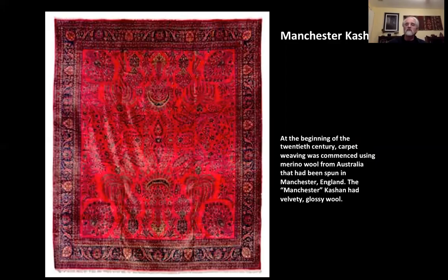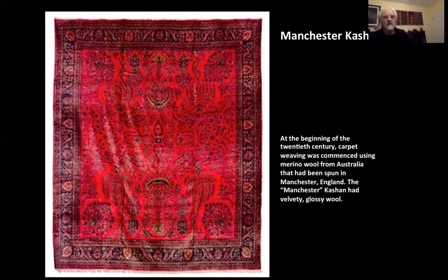So merino wool was brought in from Australia, and then it was processed in Manchester, England, and then it was sent into Iran, to Kashan, to the weavers who would then weave these carpets. They're then, as a result, called Manchester Kashans. And they are characterized by a tremendous, beautiful, glossy wool, a very wonderful handle. It's a very soft, rich handle, and a very fine weave.